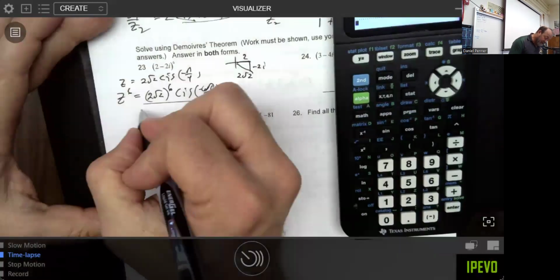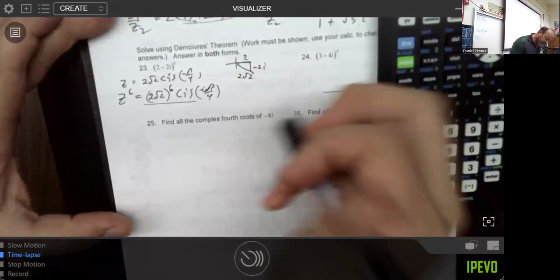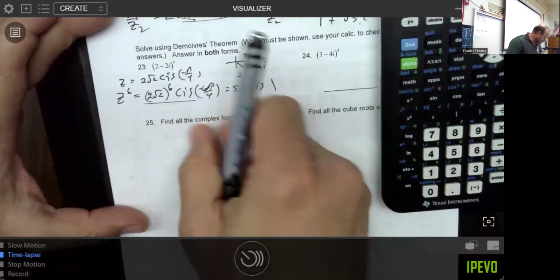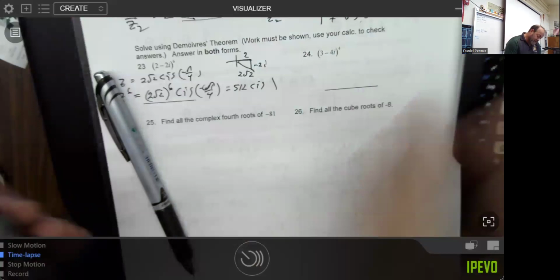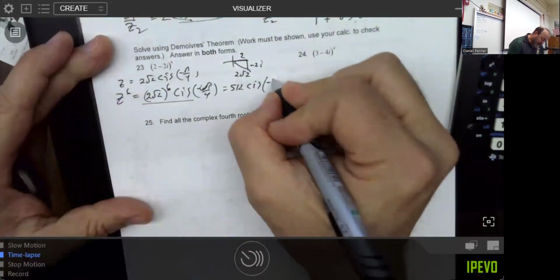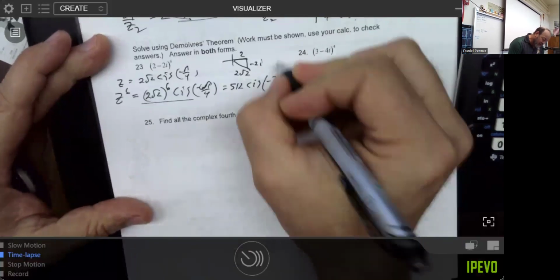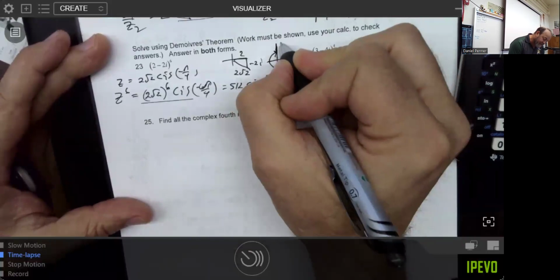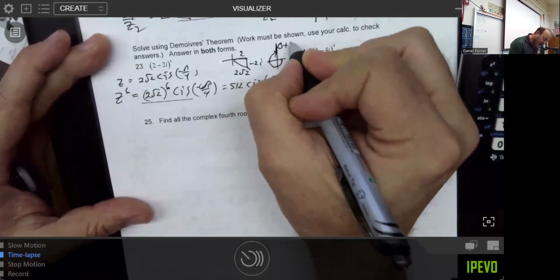And last but not least, we have 512 cis negative 3 pi over 2, which is actually right up here, which is the coordinate again, 0 plus 1i.